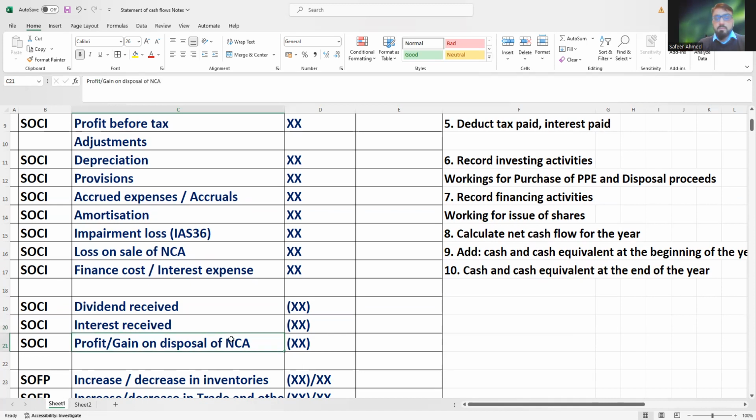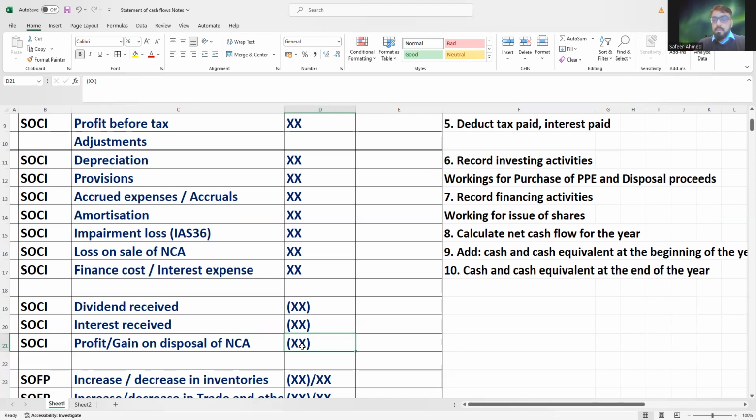And then profit or gain on disposal of non-current asset. This is opposite to loss on sale of non-current asset. So we might have made loss or we might have made gain. If we made gain, now, if you think about it, it's not the actual gain. It's not the money gain. So therefore, we will be removing it from here because we haven't received that money.